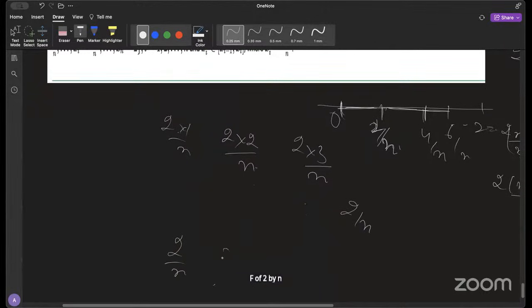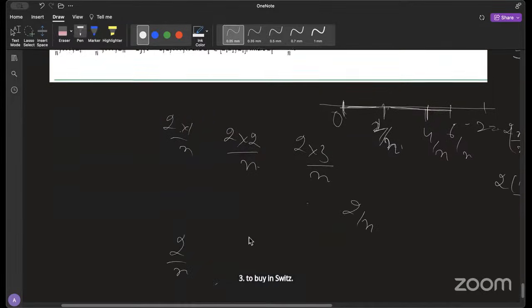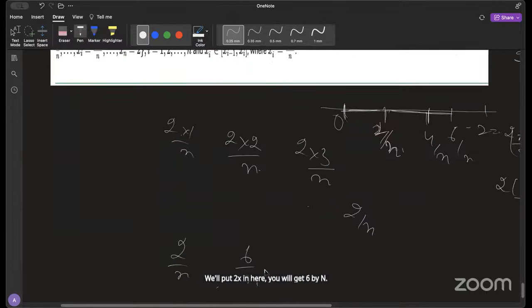f(2 by n) is 3 times 2 by n plus 1, so you put 2 by n here, and you will get 6 by n plus 1.